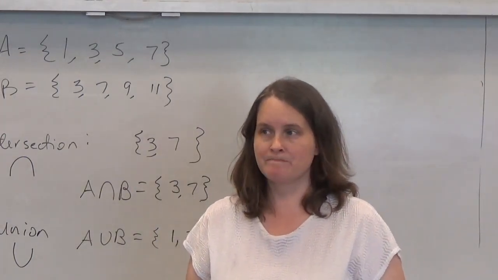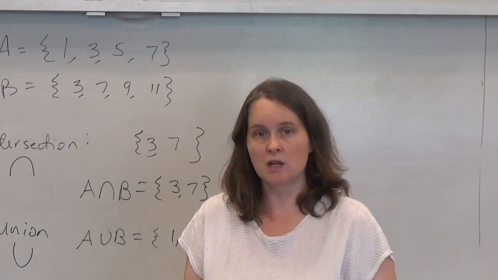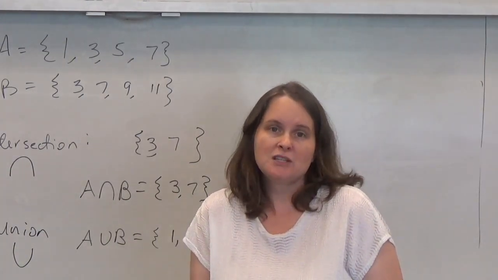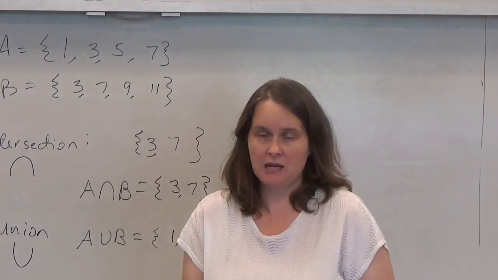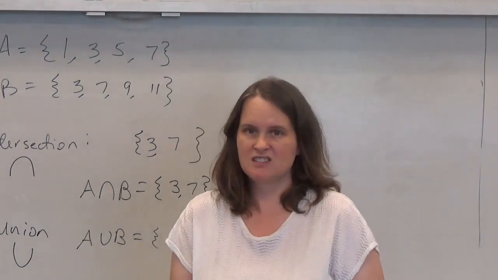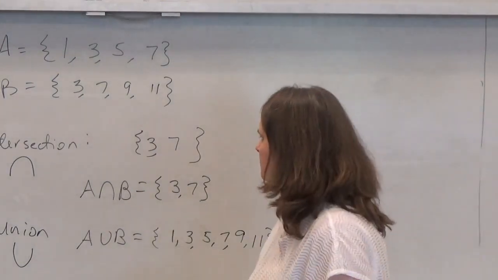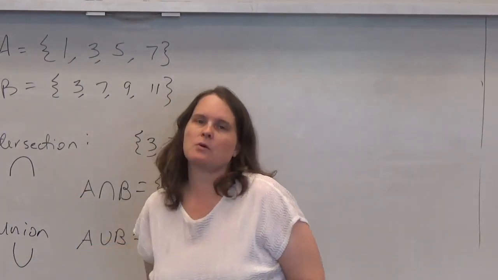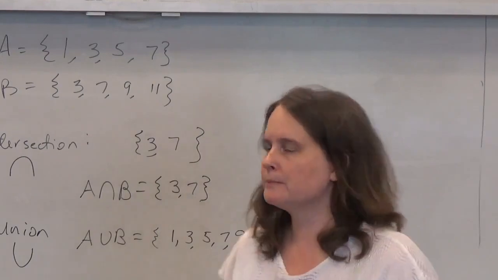Intersection, if a couple is just intersecting one another, they're only sharing a little bit. They're not sharing very much. Also the symbols, that looks like an N and that looks like a U. So hopefully that'll help you to keep it straight a little bit.